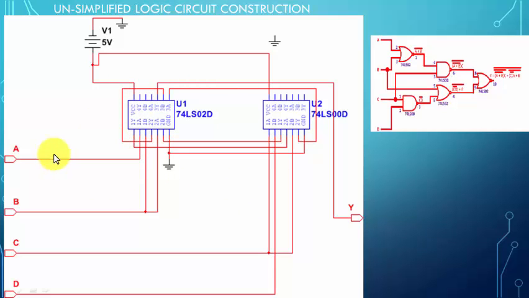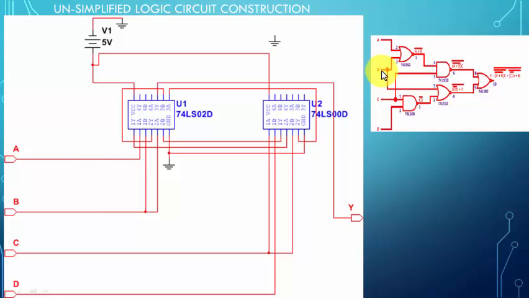For example, A connects to pin 2 of 7402.